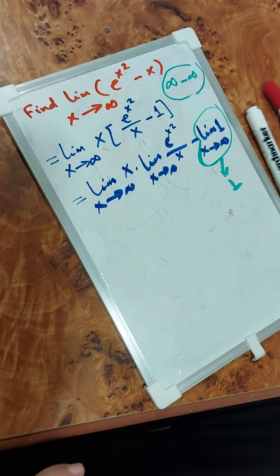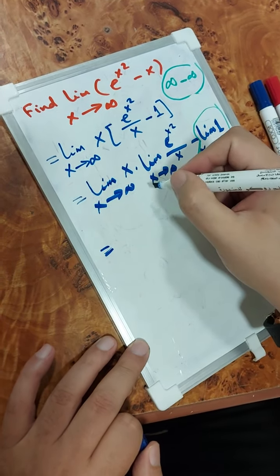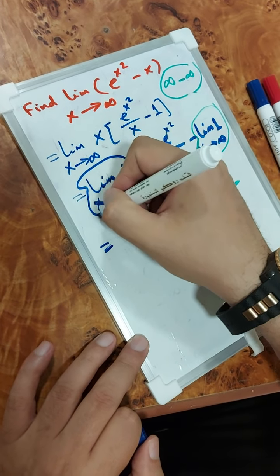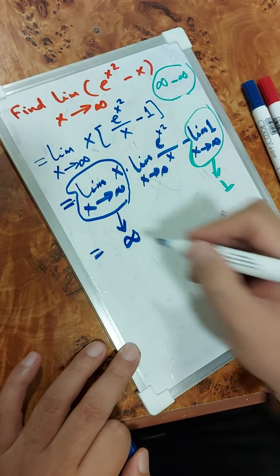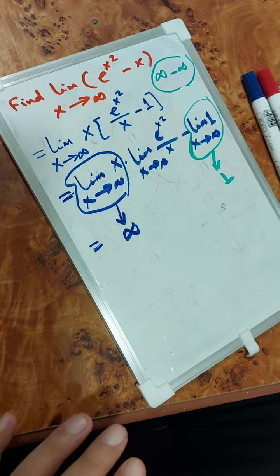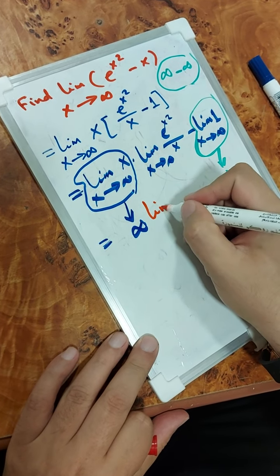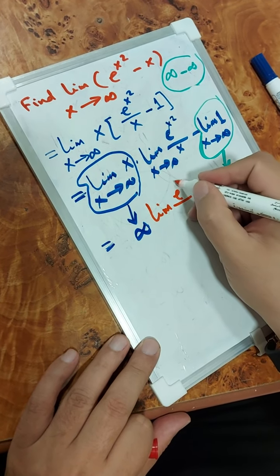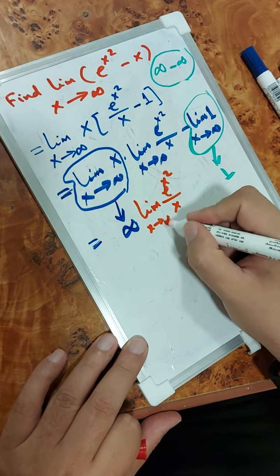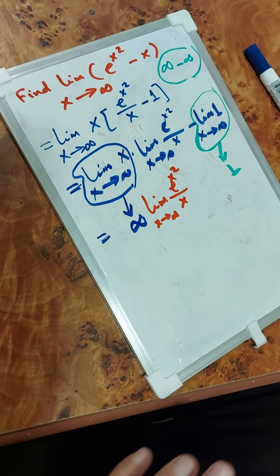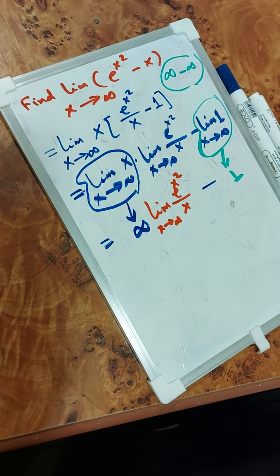Also, this limit, the limit of x as x approaches infinity, tends to infinity. So the remaining one is the limit in the middle, which is the limit of e power x square over x as x approaches infinity. We need to find the limit in red color. This is the only remaining part.